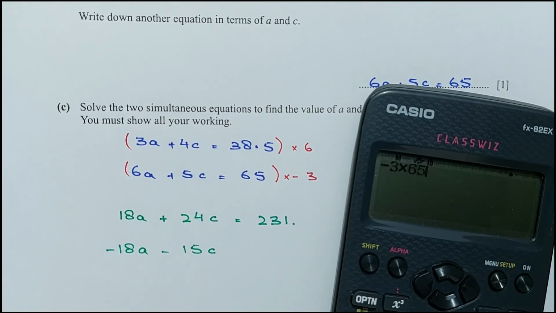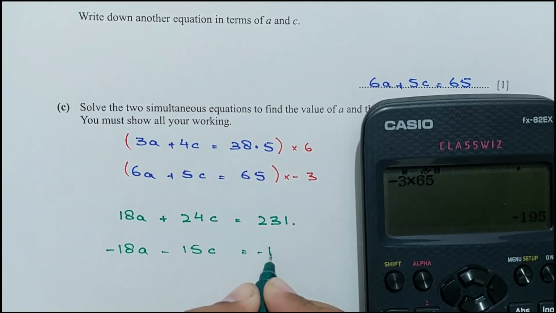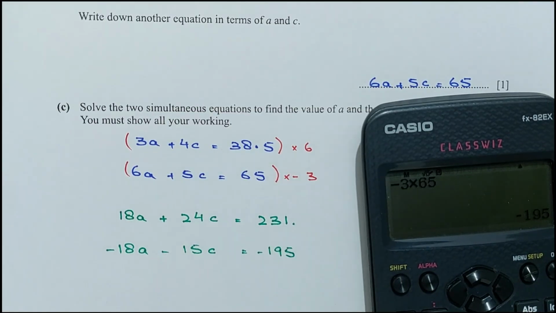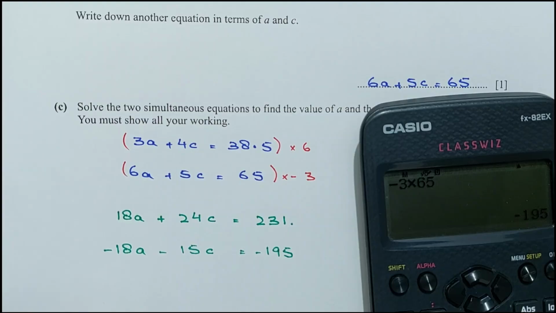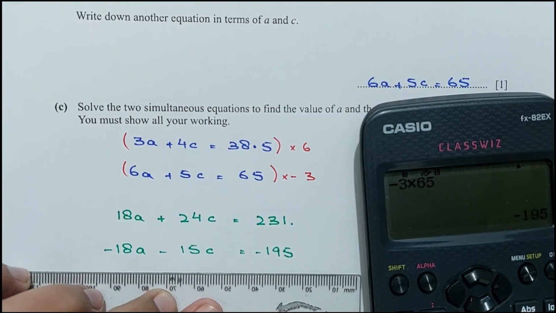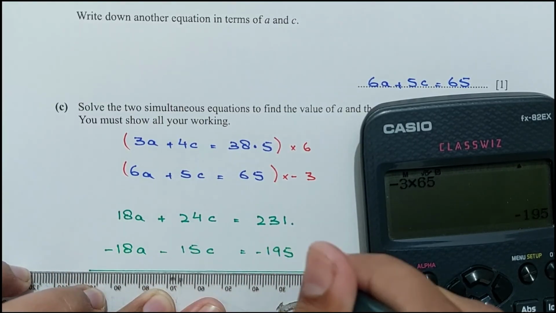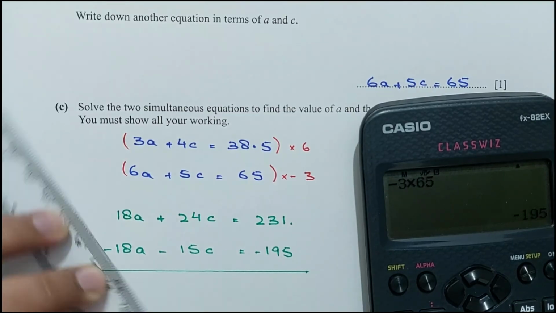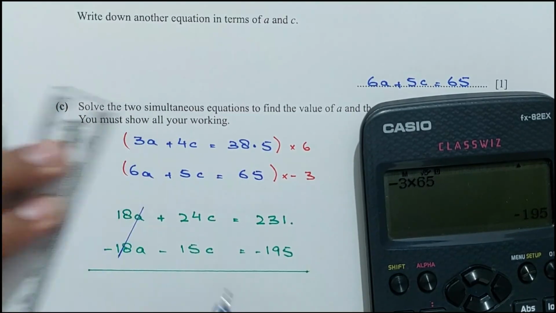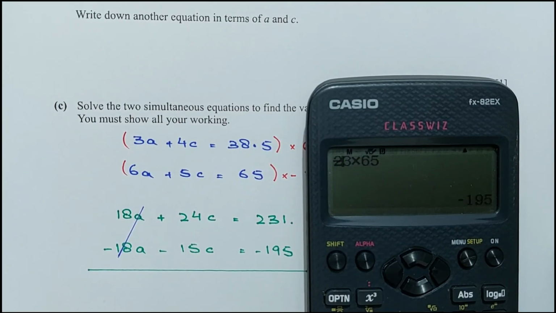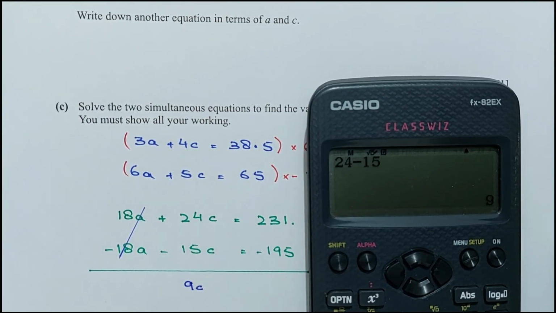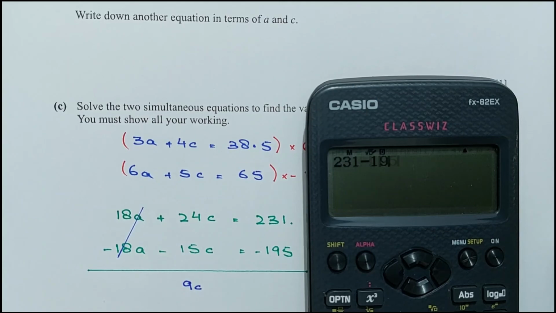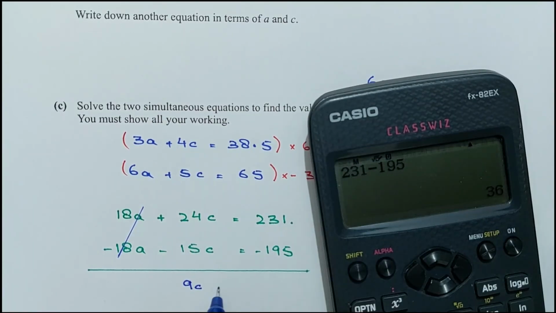Minus 3 times 65 is minus 195. Right. Now let me add the 2 equations. So adding the 2 equations results in the cancellation of 18A, positive and negative, and we are left with 24 minus 15 is 9C. And 231 subtract 195 is 36.